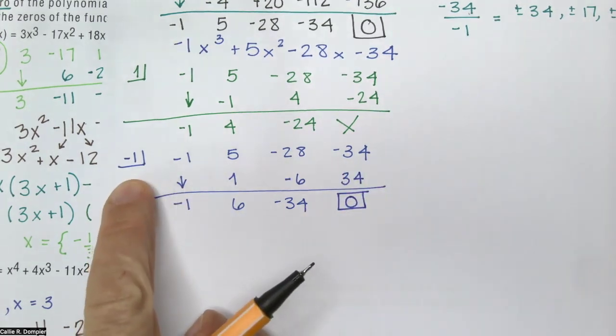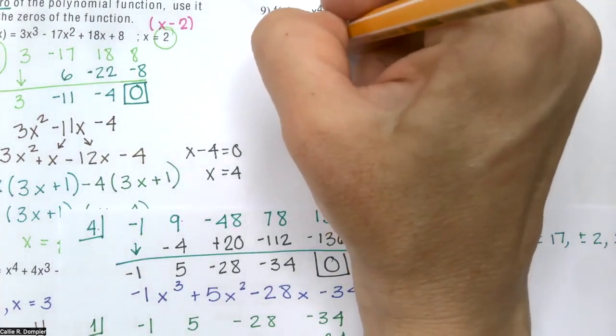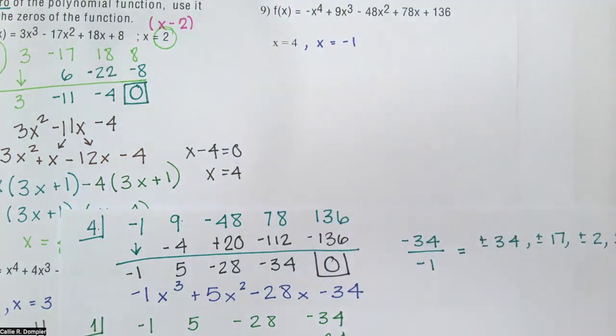Another one of the zeros besides 4 is -1. So let's add that. X equals 4, x equals -1.